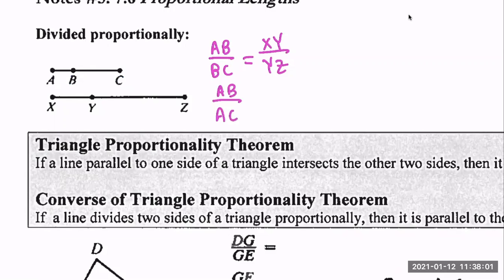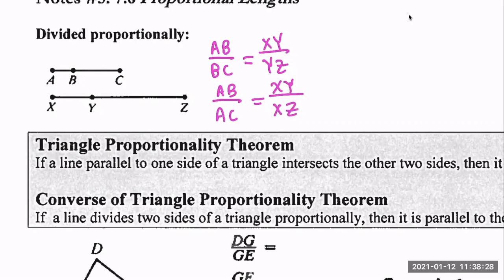What would you guys say would complete that proportion, would make that true? AB to AC is equal to what on the other segments? Okay, very good. And you just follow the order in which you go. So small to large, or small to the entire, it would be XY to XZ.